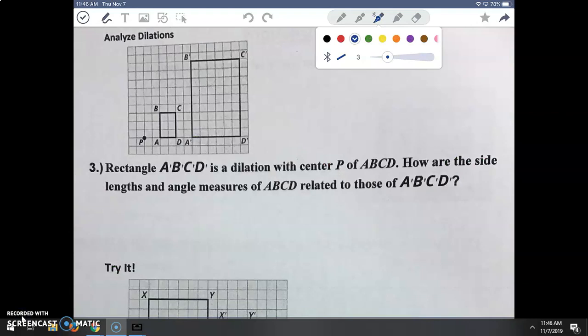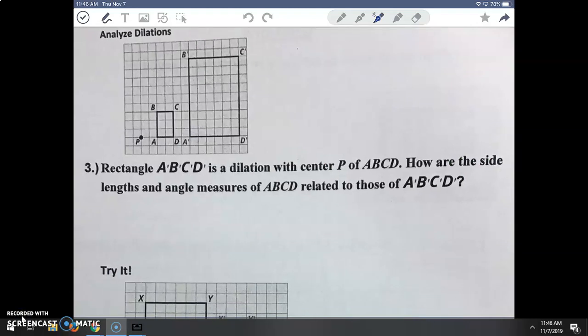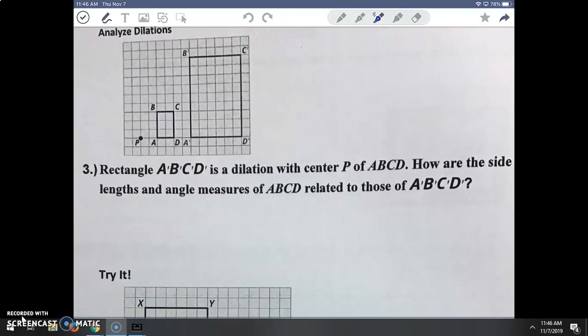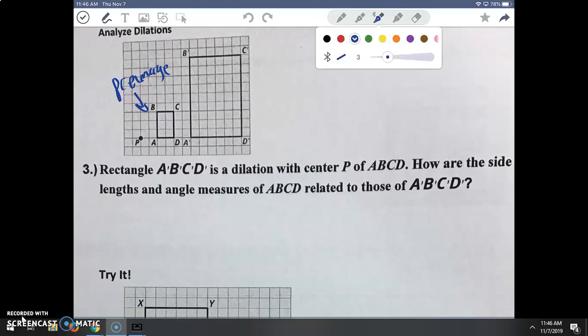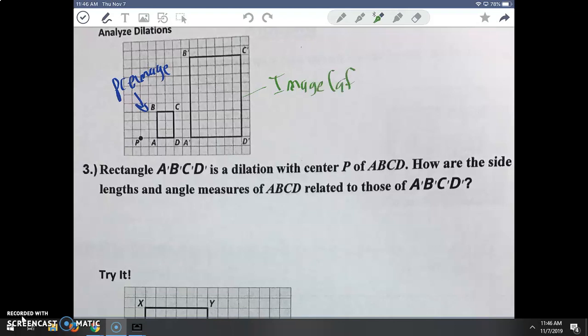Now the example of analyzing dilations is, first we look at our image here, our two figures. This one is the pre-image. We know that because there's no apostrophes. And that makes this one the image, the after.